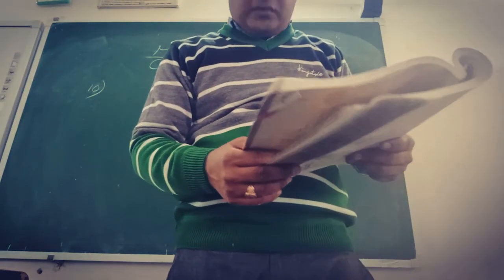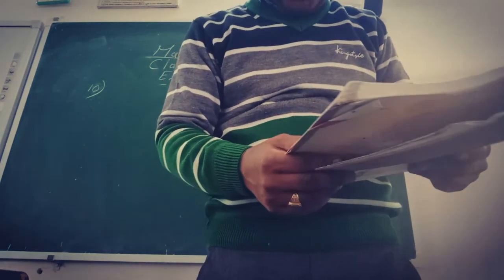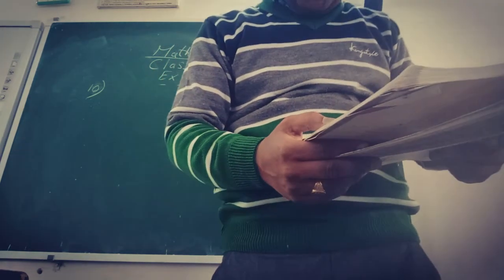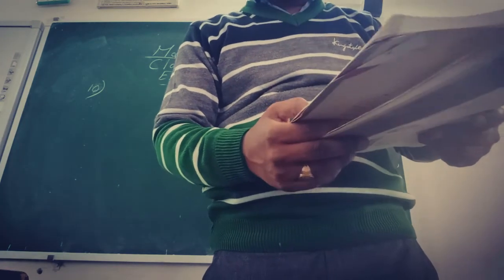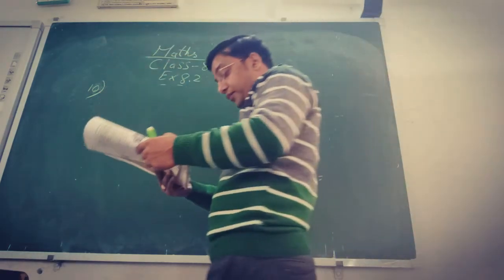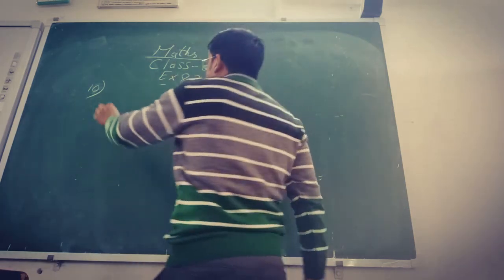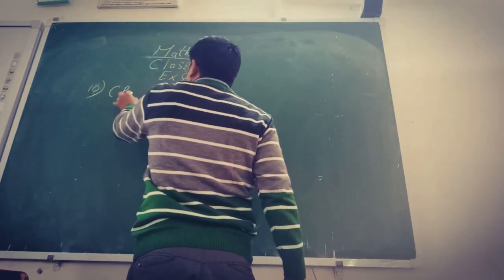Question number 10 now. I purchased a hair dryer for 5,400, including 8% VAT. So this is the cost price.